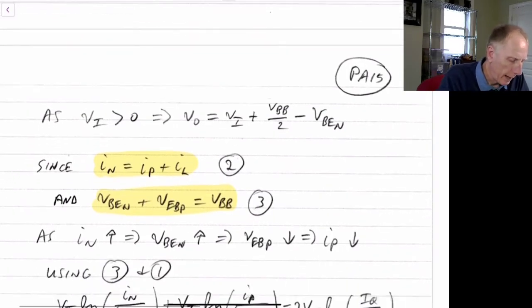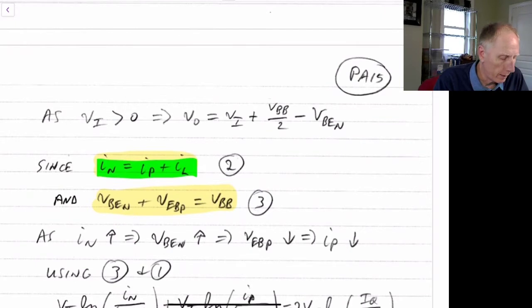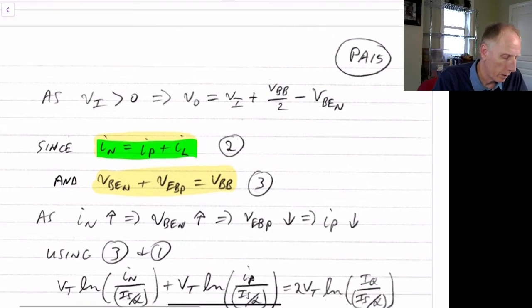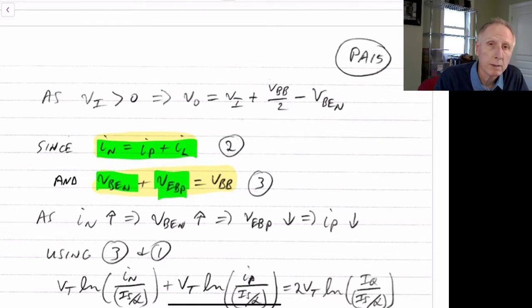Now we've already seen that the emitter current of the NPN equals the emitter current of the PNP plus the load current. And we also know that the base emitter voltage of the NPN equals the emitter base voltage of the PNP, and that equals VBB.